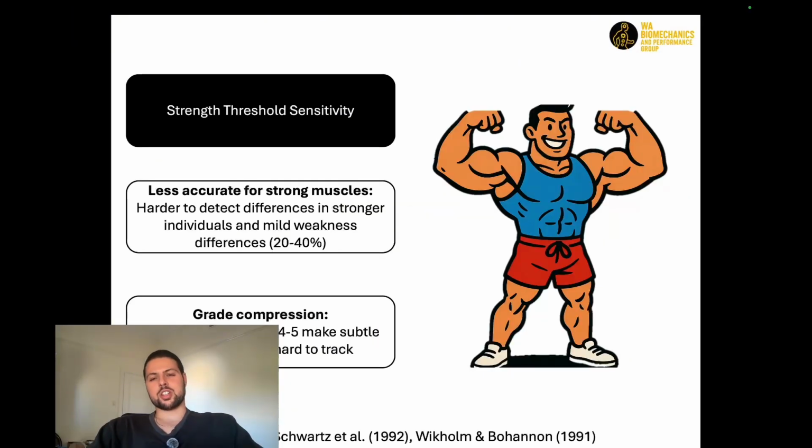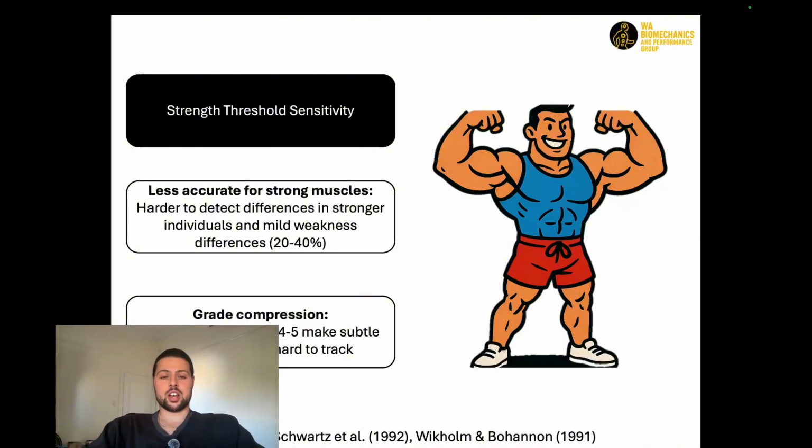Another limitation that manual muscle testing has is its lack of strength threshold sensitivity. When we look to the literature, we know that we can't really feel any difference below 20 to 40% asymmetries. And to me, that's just not good enough, especially when we have some literature, especially in the ACL world, where we want about 90% before we return to sport.